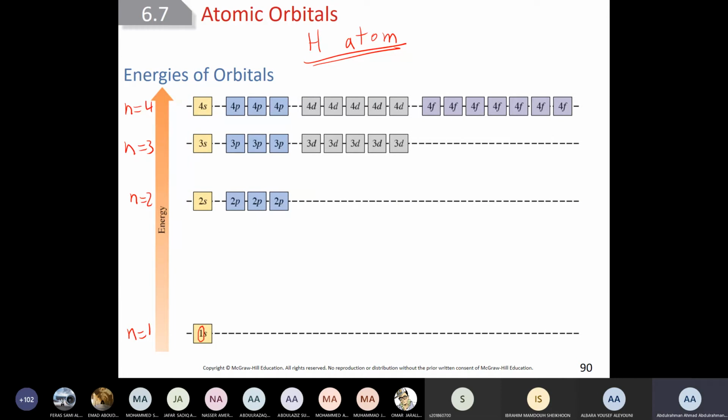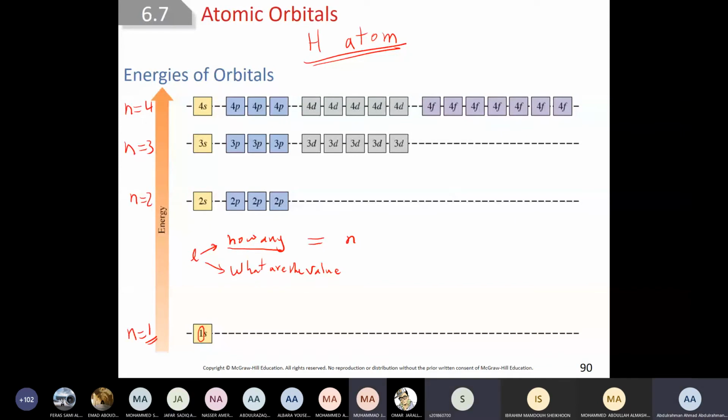Good. How many L do we have in n? How many L? For n equal to 1, how many L?